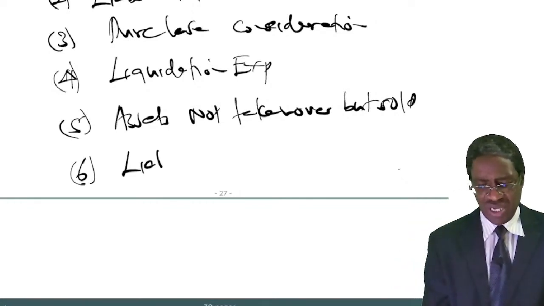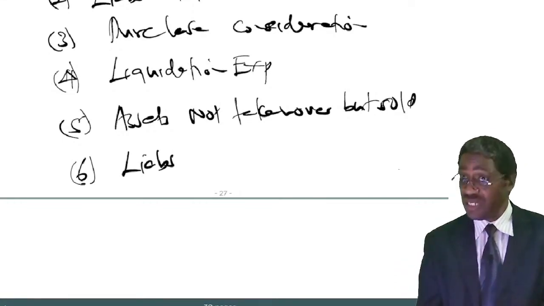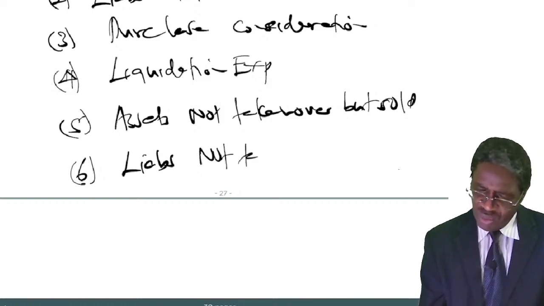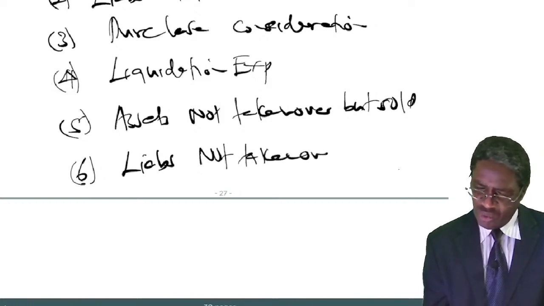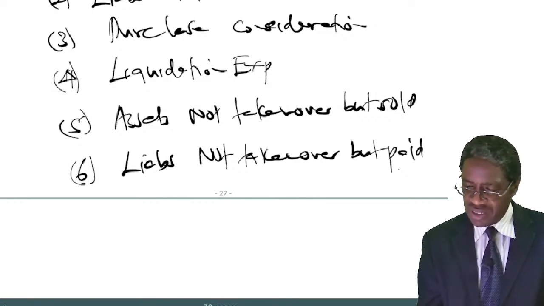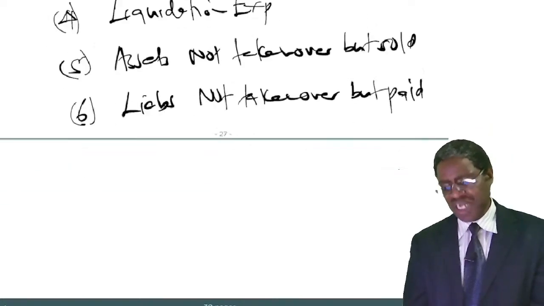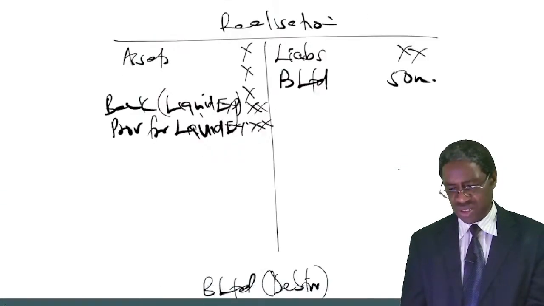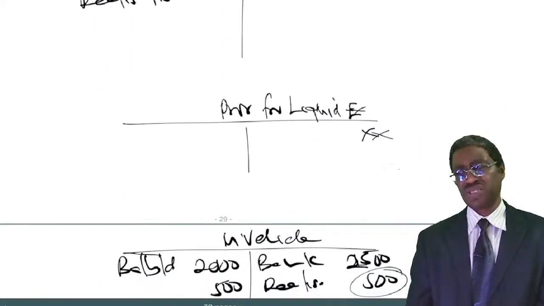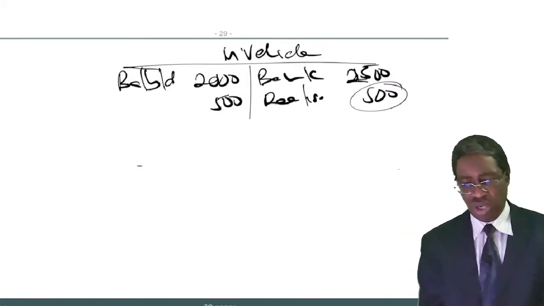Number 6 says, with liabilities not taken over by the purchasing company, but paid by the selling company. Let us assume it is creditors. That company B decided they are not taking over our creditors. So we decided as a company A, we shall pay for it on our own.